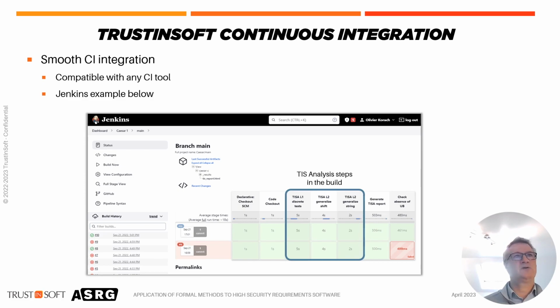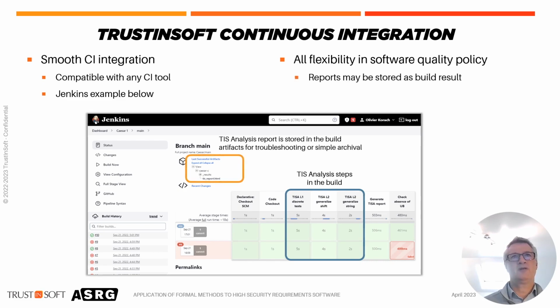Here you have an example of a Jenkins execution where the TrustInSoft analysis is run as part of the CI, and the results are easy to process. The results are stored directly as part of the CI, so after the fact you can consult them.